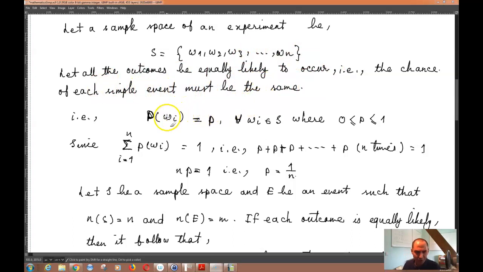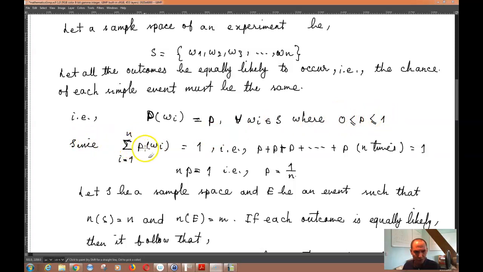That means that P of omega i is equal to some value P, because all of them are equal, for each omega i belonging to S, where P is greater than or equal to 0 and less than or equal to 1.